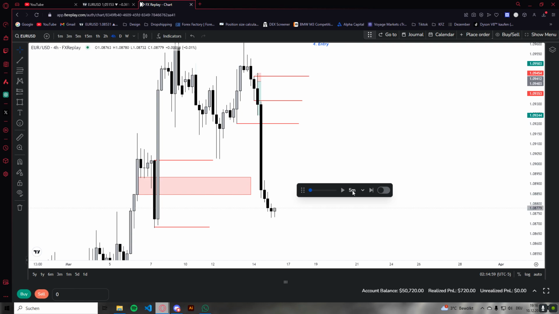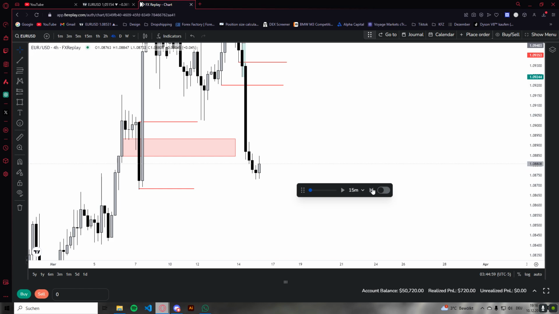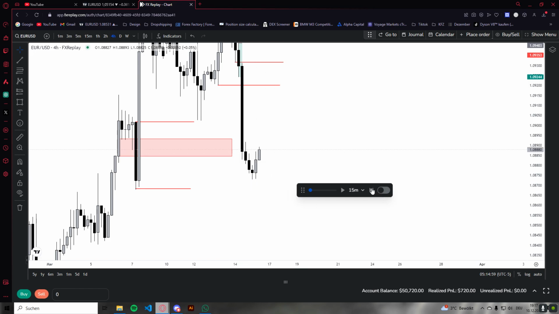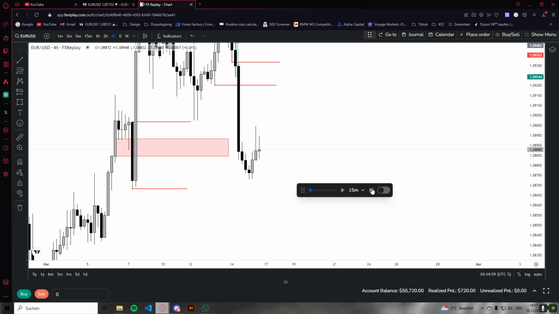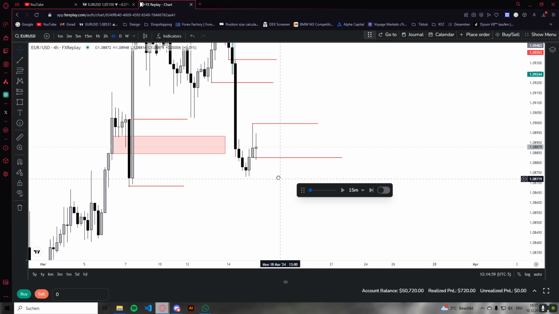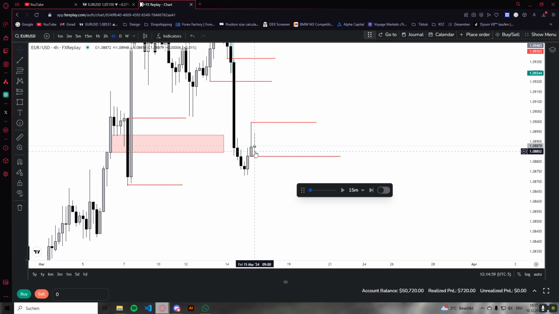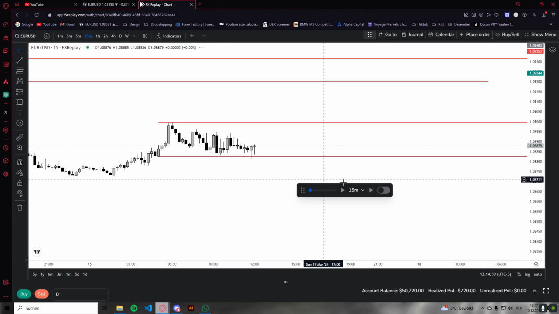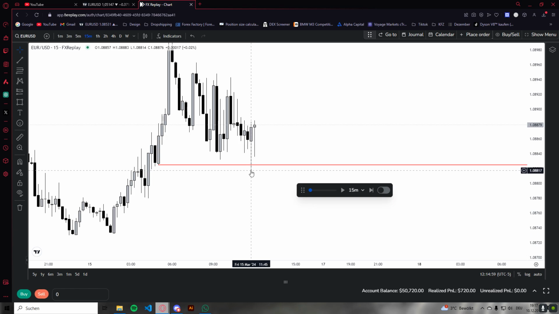So let's wait for a bigger candle. That's too small for me. That's a good one, but the fair value gap's too big for me. So let's see. That was a good one. You saw it? So we have this candle, we have this candle, we have this fair value gap, and this candle went down into this fair value gap.